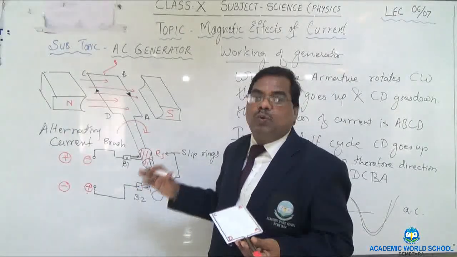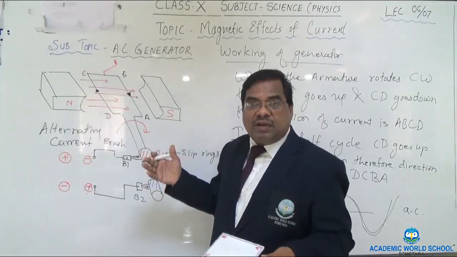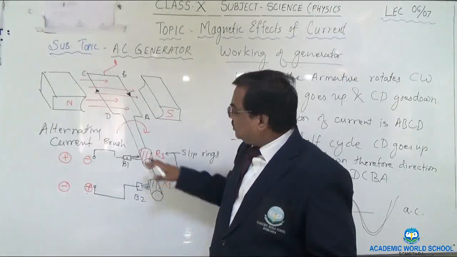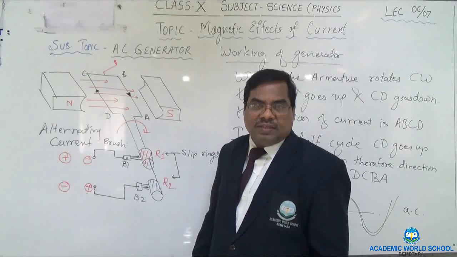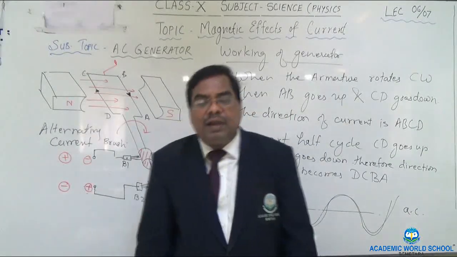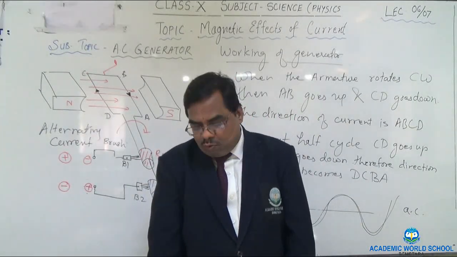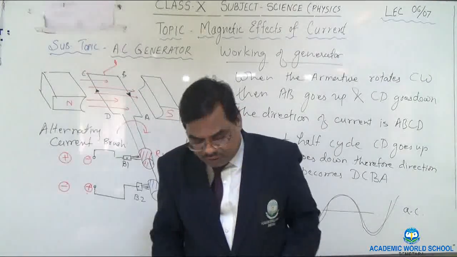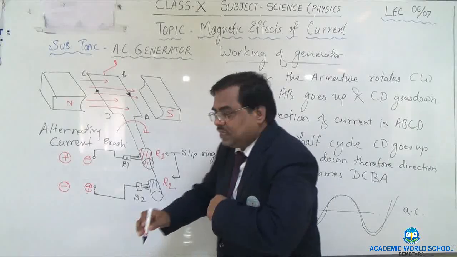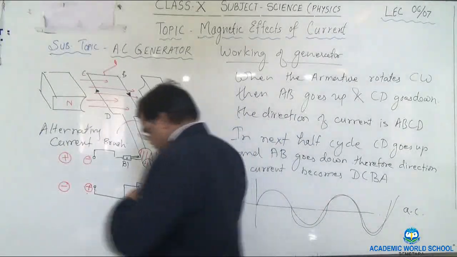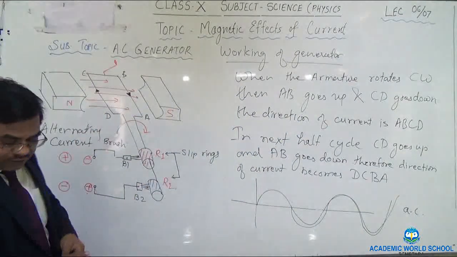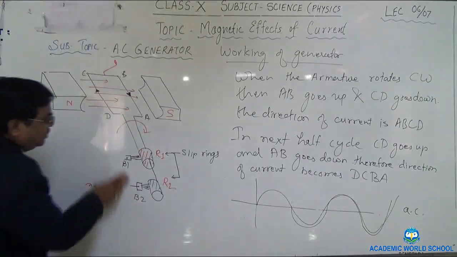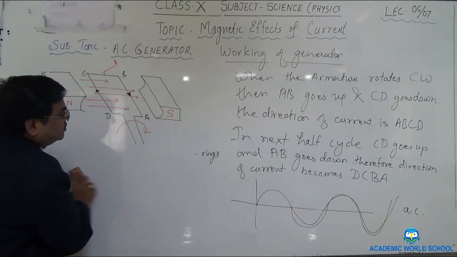If you want to make a DC generator, then simply you have to change these rings. See, in the motor I explained to you about two half rings, cup shaped. So if you are using those half rings, you will get direct current. Let me draw that also.